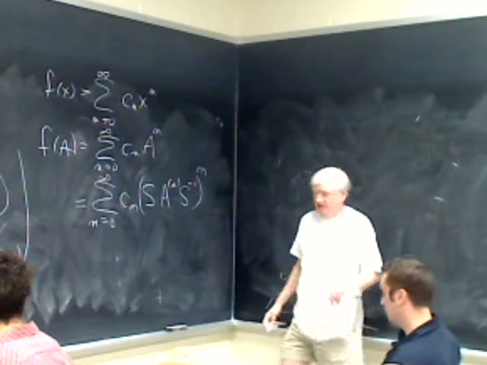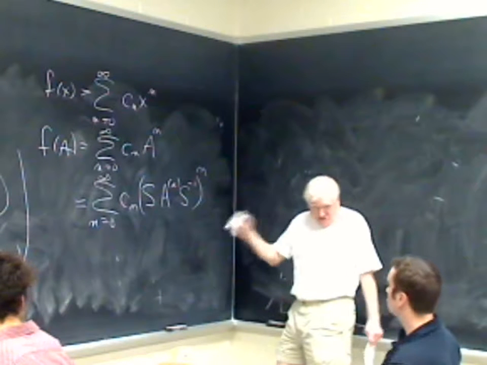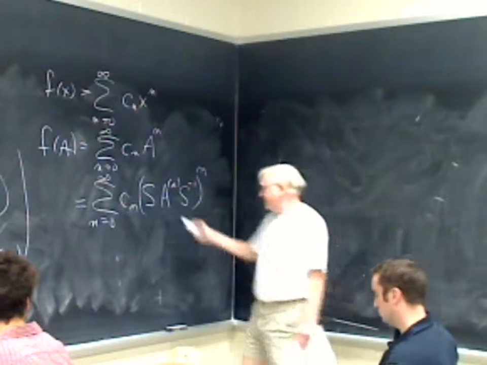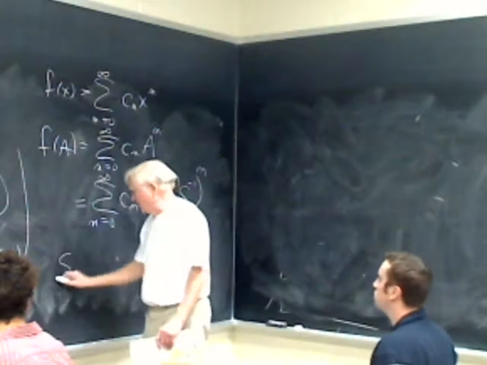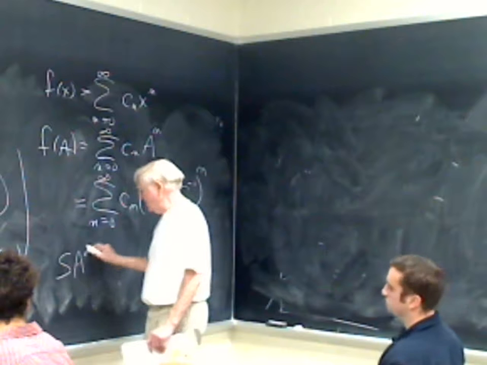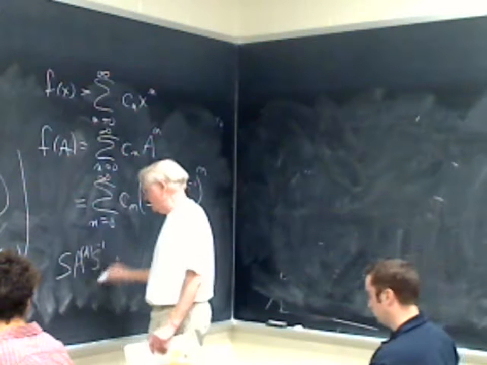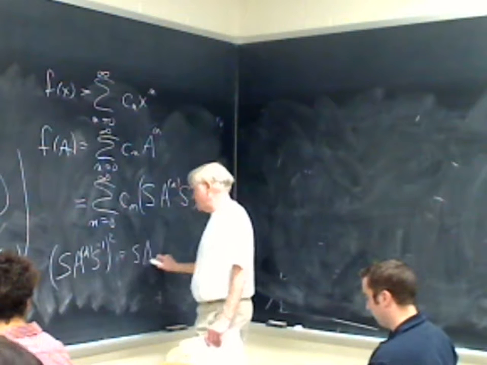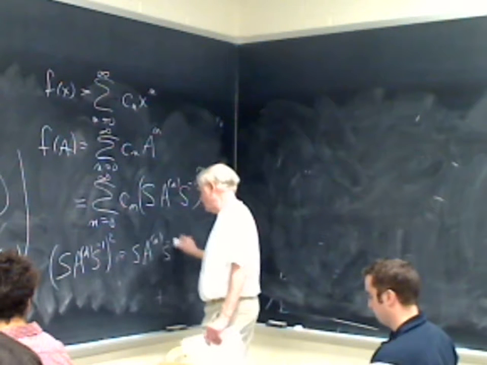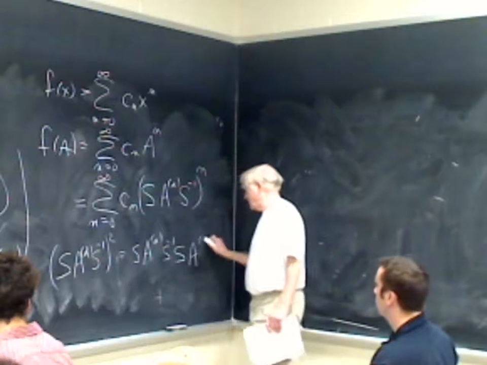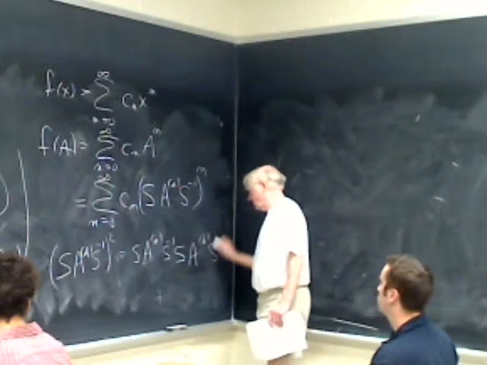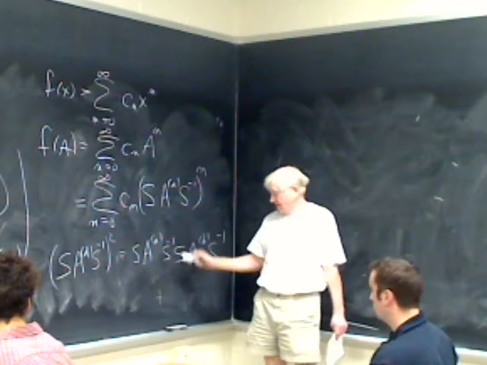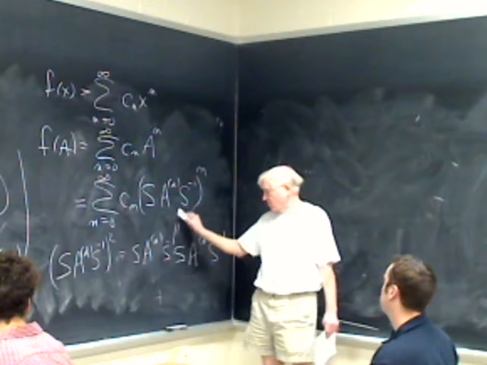Okay? All right. Now something magical happens. And to see it, let's just look at the second term. The second term in this would be S A diagonal S inverse squared. Well, that's going to be S A diagonal S inverse S A diagonal S inverse. Well, you see, since S inverse S is 1, this drops out. This is just equal to 1.